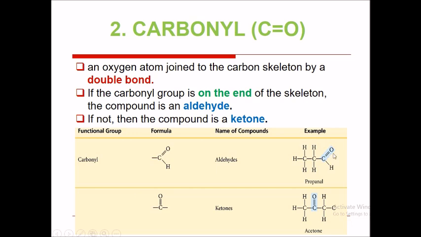This oxygen can be bonded to the carbon skeleton either at the end of the carbon skeleton or in the middle of it. If the carbonyl group is attached at the end of the skeleton, the compound is known as an aldehyde. Meanwhile, if it is not bonded at the end of the skeleton, it is known as a ketone.